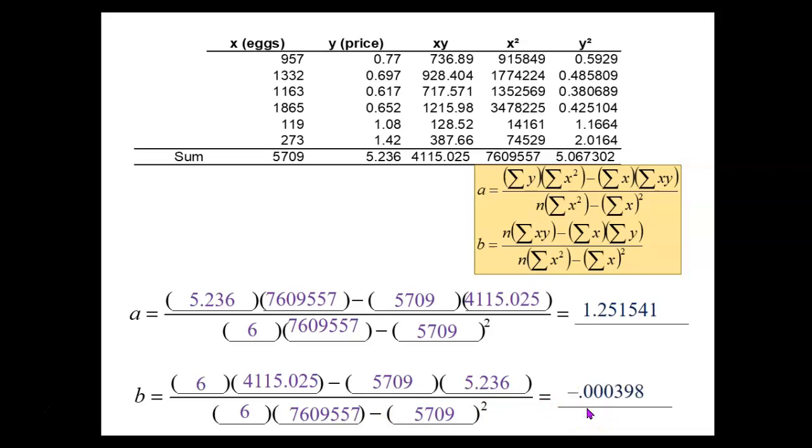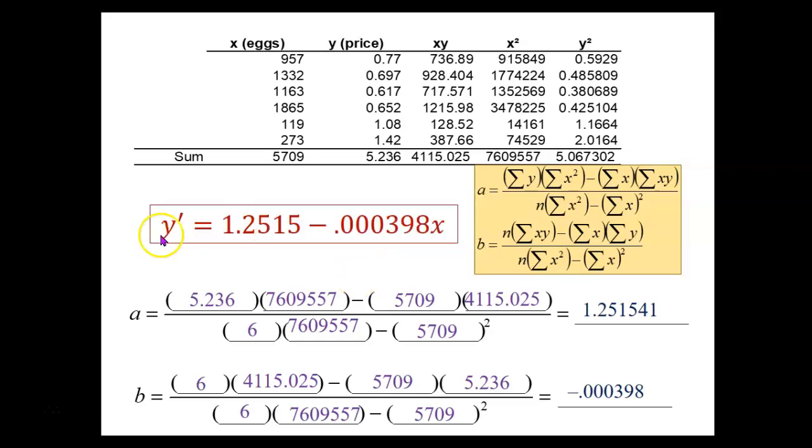And this comes out to be negative 0.000398. And so the equation is y prime equals 1.2515 plus negative, or just minus, 0.000398x. So that's how you would do it with the formulas.